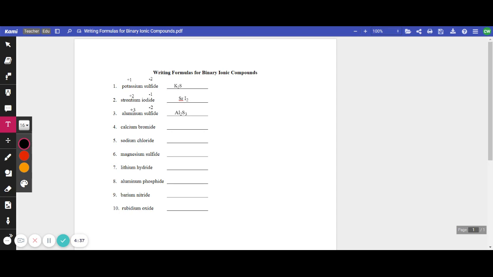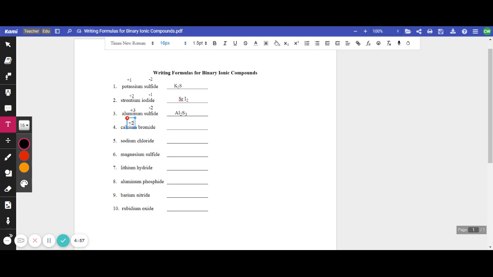You can always do it that way if you have a hard time thinking about what you need to multiply by. You just take the metal's oxidation number and make it the subscript on the nonmetal, and the nonmetal's on the metal.